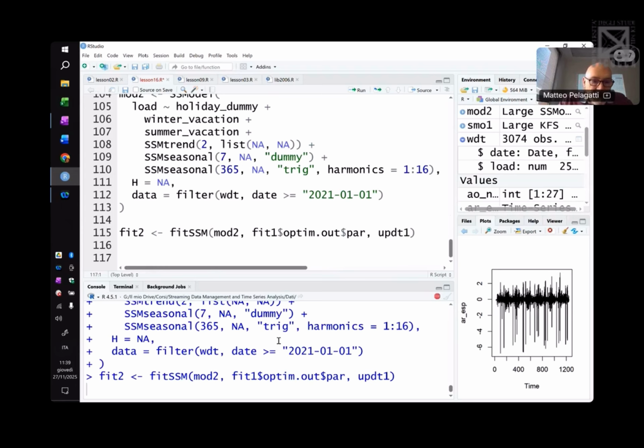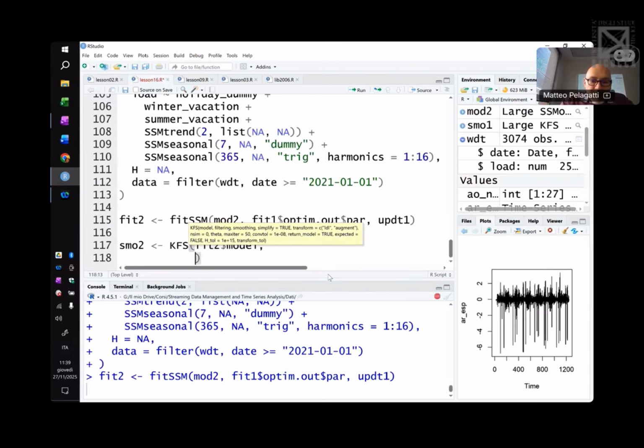Well, while it's still computing, I can already write the part to compute the smoother, which we're interested in anyway. The model will be the fit2 dollar model, and we want just the smoothing.